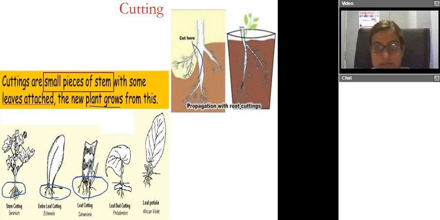If a plant is cut over here, this entire region is grown and a new plant is obtained from it. Right? Is it clear?